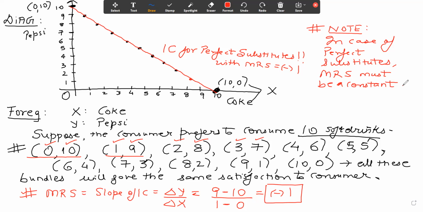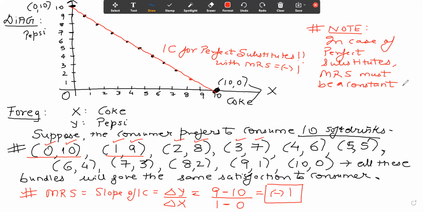So it is completely possible that you can give up one bottle of Pepsi for 2 bottles of Coke. In my example right now, I have taken a case where the consumer is giving up one bottle of Pepsi exactly for one more bottle of Coke. But it's completely possible that the consumer gives up one bottle of Pepsi for 2 bottles of Coke.